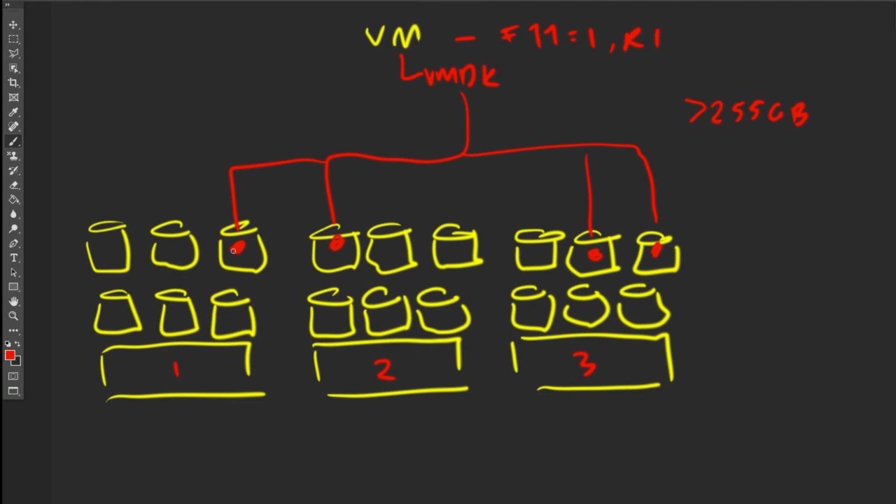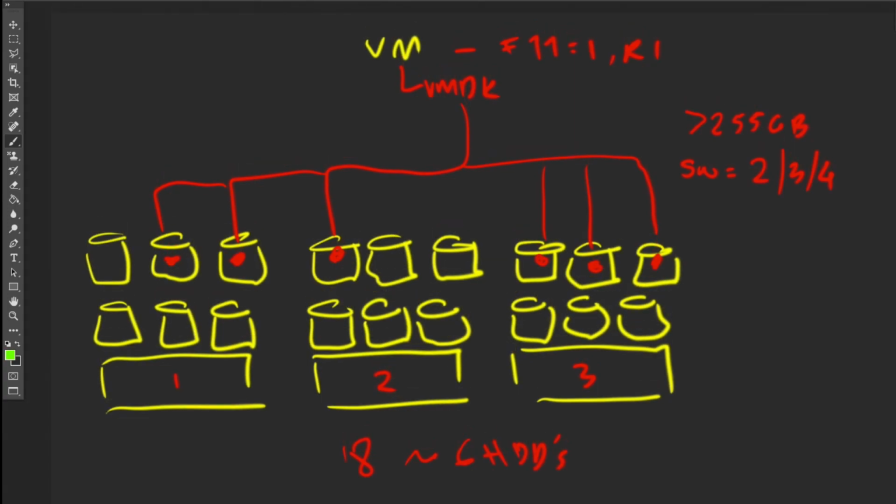This can also be achieved if you set a policy with a stripe width of 2 or 3 or 4. In that instance, you will get this further split into multiple components. So as you can see, it doesn't really use up all the drives. In this case, you may have 18 drives, but if you have only a single VM and a single VMDK, in this particular configuration it probably uses up to 6 drives.